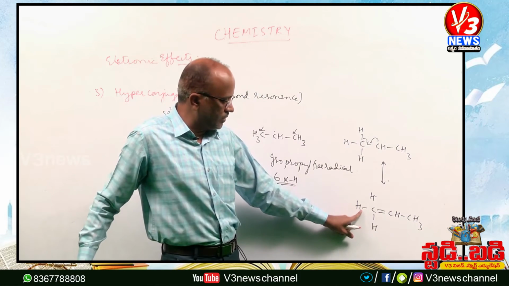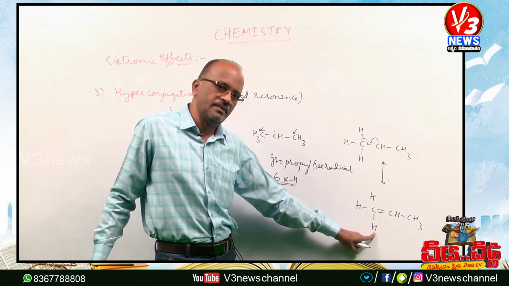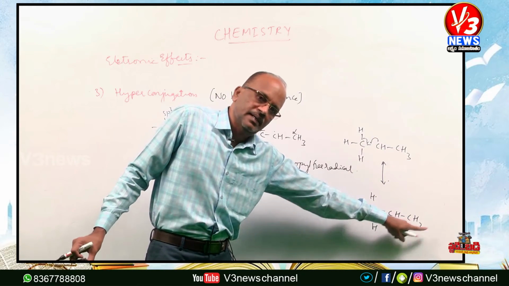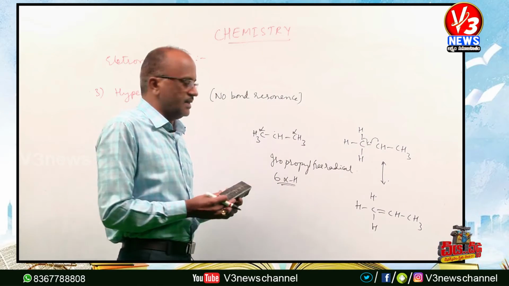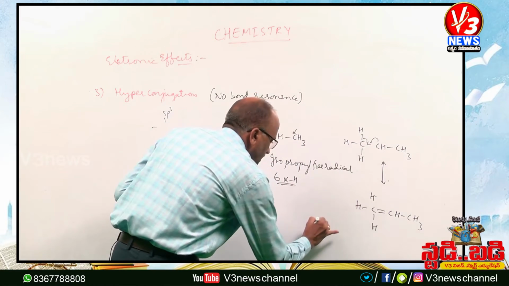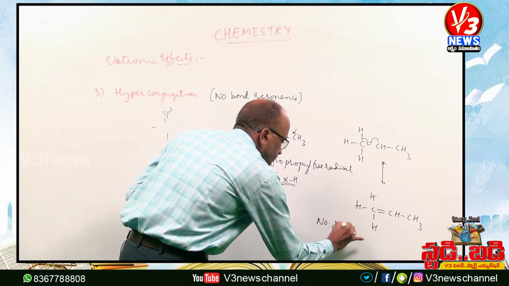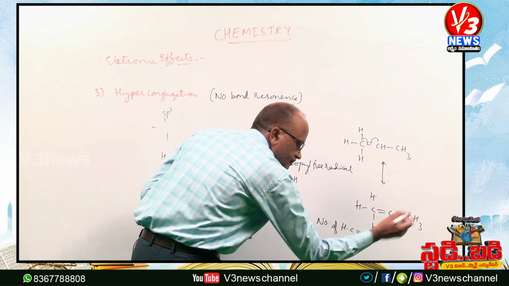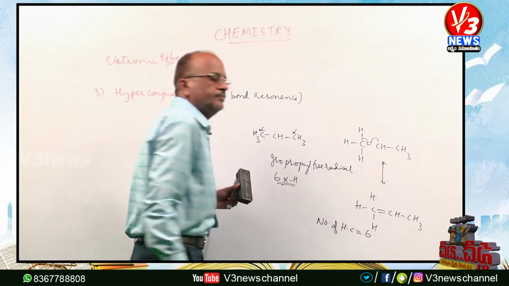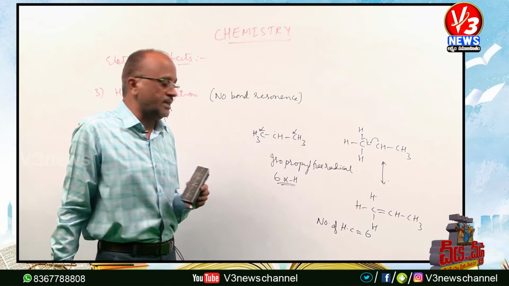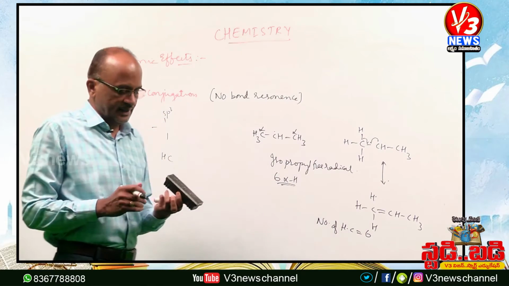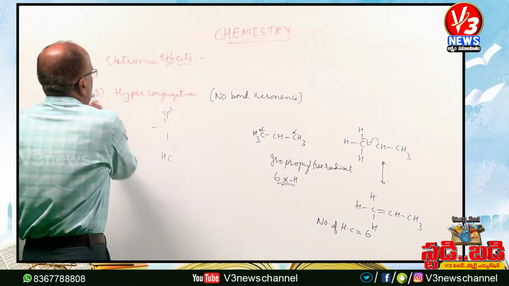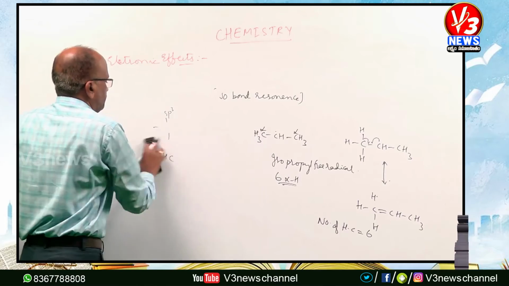Next you can show this with a single electron, similarly these 3 also. So how many hyperconjugative structures in total? The number of hyperconjugative structures equals the number of alpha hydrogens, so that is 6.